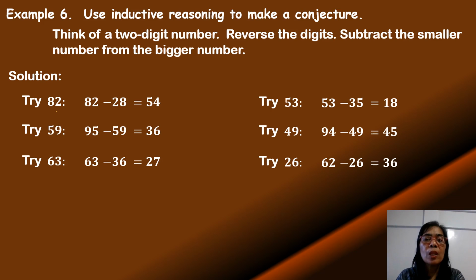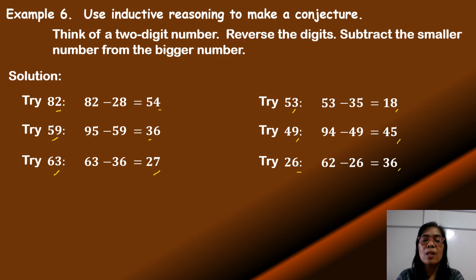So when we start with 82, it gives us 54. 59 resulted to 36. 36 resulted to 27. 35 resulted to 18, 49 resulted to 45, while 26 resulted to 36.